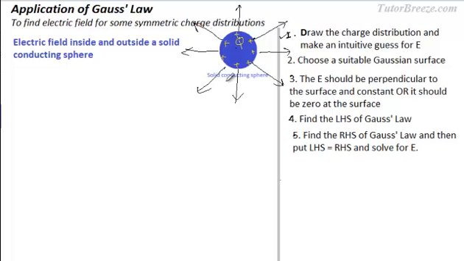Now, since the charge is spherically symmetric, we will choose a spherical Gaussian surface and say this is the imaginary surface that we choose. If you're wondering what a Gaussian surface is, a Gaussian surface is one on which we apply Gauss's law.